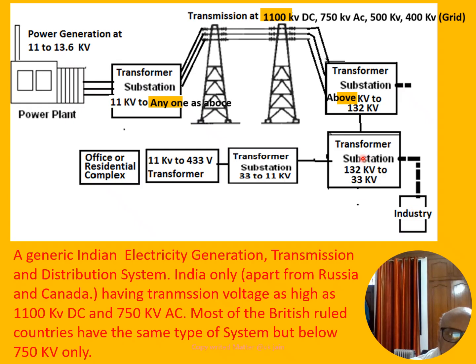Then from this substation, which is near a big city, the voltage level is taken down from 33 kV to 11 kV, and further 11 kV to 433 V transformer for office or residential complex.